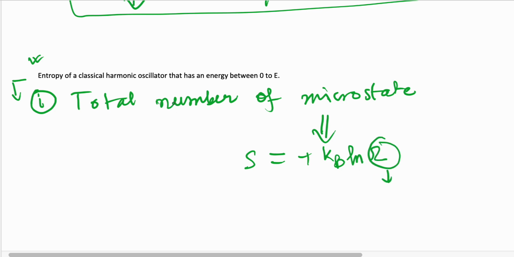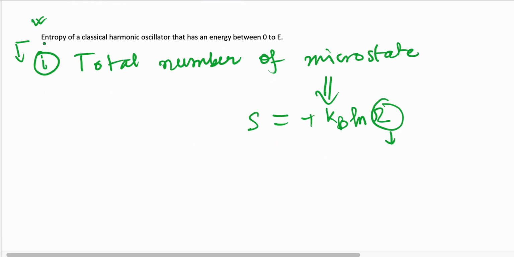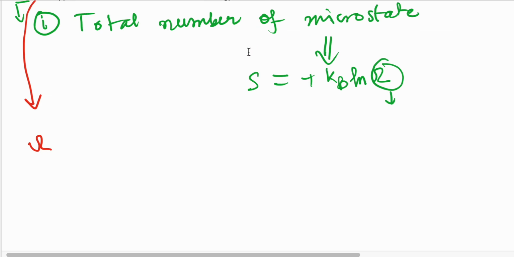So we have to somehow calculate the total number of microstates. For a classical harmonic oscillator, which moves in phase space, we have to calculate the total number of microstates between 0 and E.